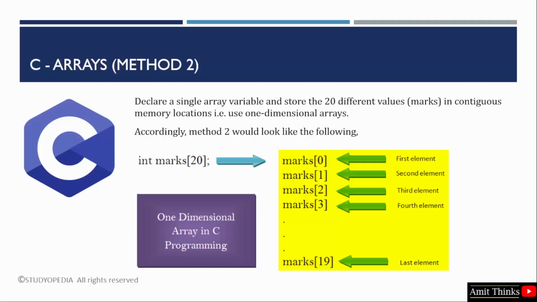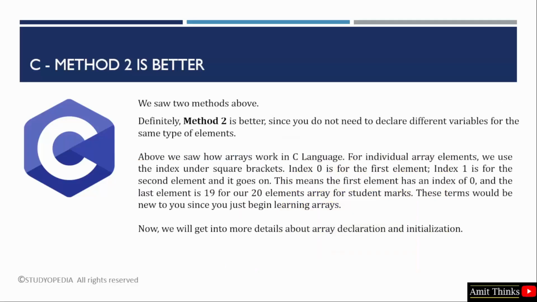So obviously the second method is better. Using an array fixes the problem we saw in the first method. We saw two methods and definitely the second method is better, because in this you don't need to declare different variables for all the 20 marks values.